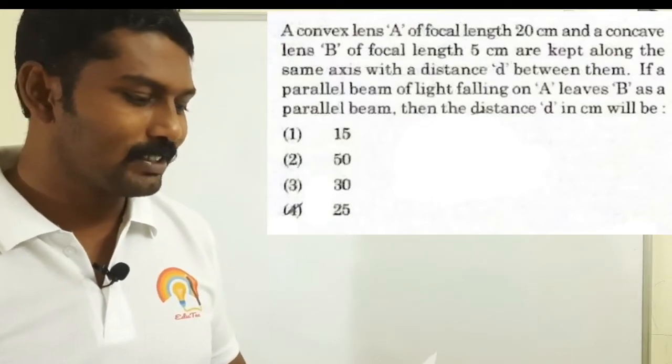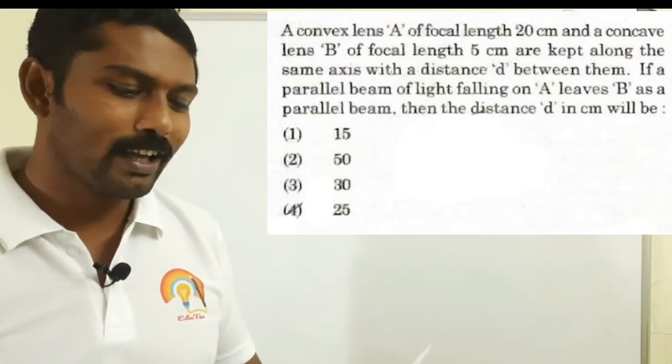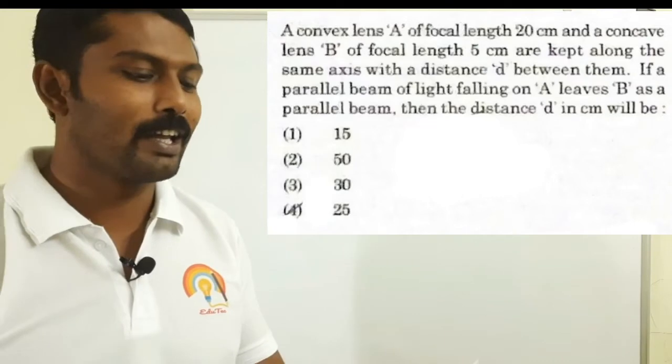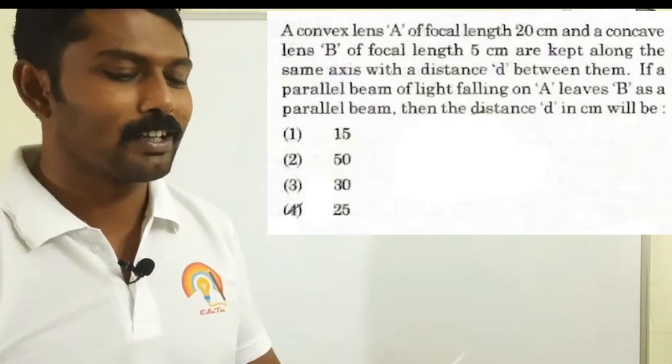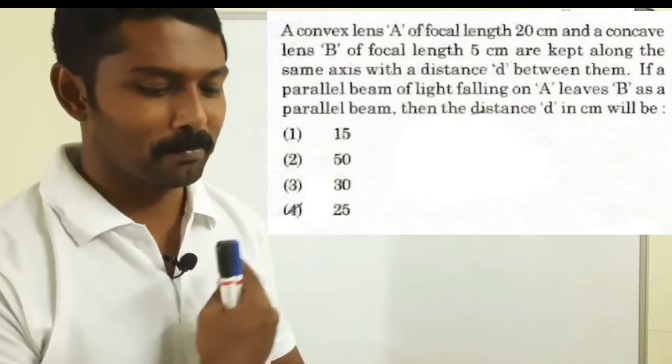A convex lens A of focal length 20 cm and a concave lens B of focal length 5 cm are kept along the same axis with a distance d between them, right?